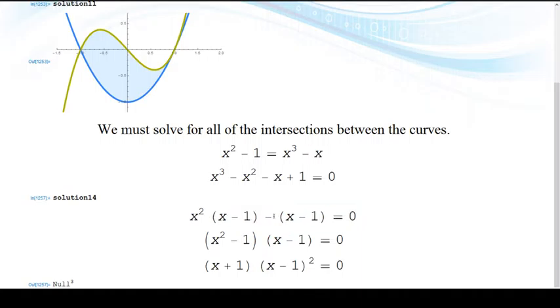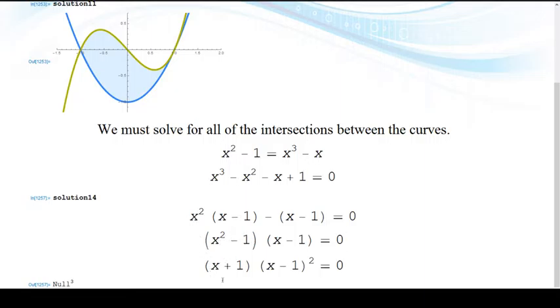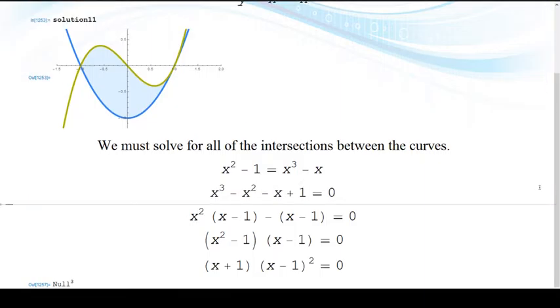And then from here, we can factor the x minus 1 out from each of these products and get x squared minus 1 times x minus 1 equals 0. And factoring this difference of squares, we get x plus 1 times x minus 1 squared. Now, there are probably a bunch of ways that we could go from our original polynomial to having a factored form, but this was the way that I did it.